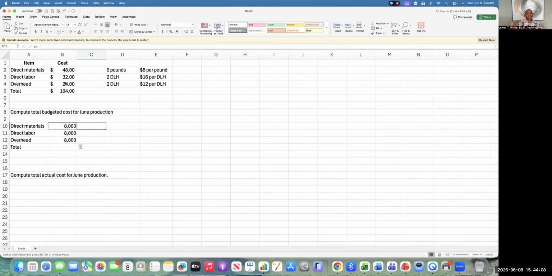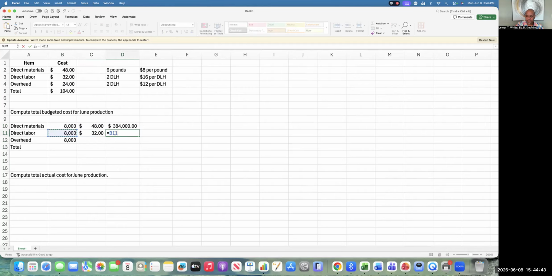I calculated that the budgeted or standard cost is $48 per unit for direct materials. So I use $48 here and multiply those two numbers. I manufactured 8,000 units at $48 per unit, so my total direct materials budgeted was $384,000. For direct labor, I calculated $32 and I produced 8,000 units, so I multiply those two numbers.